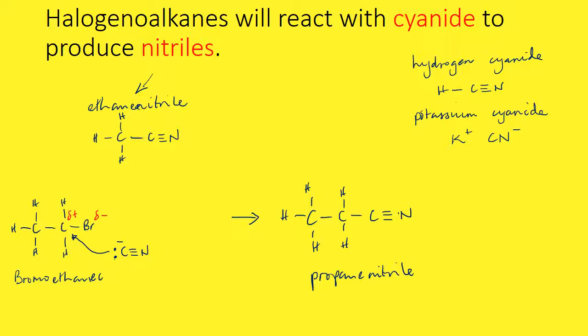I'm just trying to make that a little bit curly to show it's the movement of electrons. That is going to attack that slightly positive carbon, forming a new covalent bond, using those 2 electrons in the lone pair.